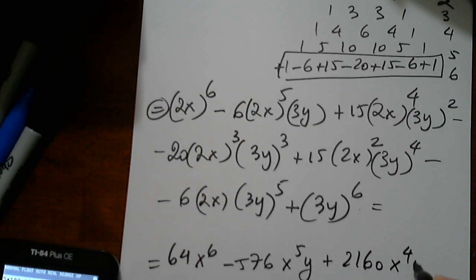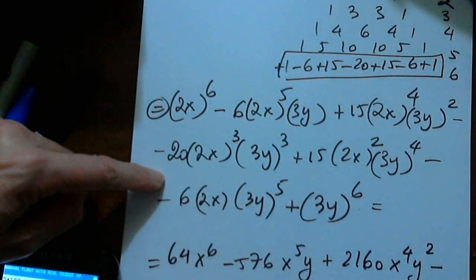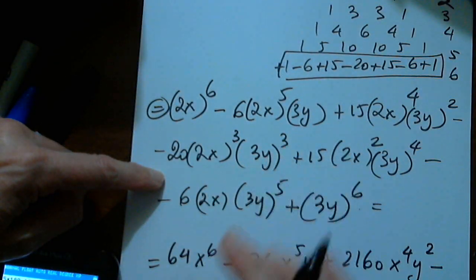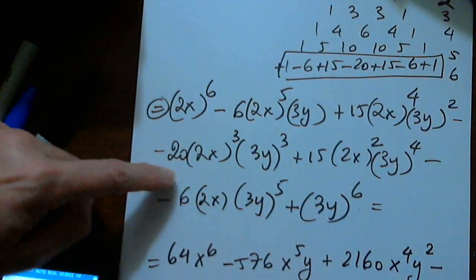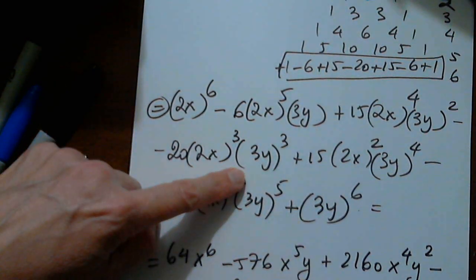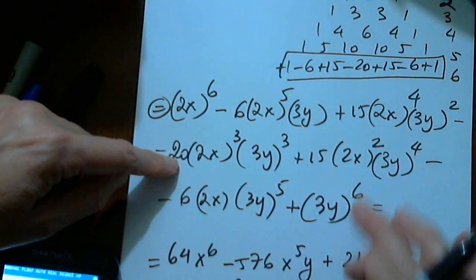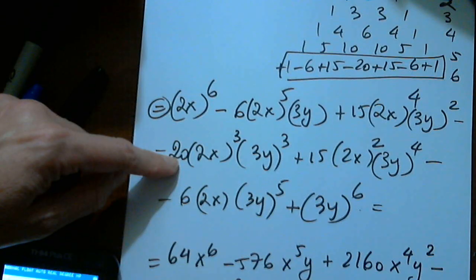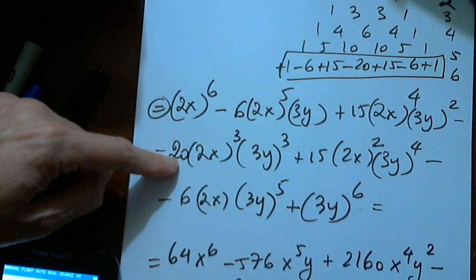2160 x to the 4th times y squared, minus I have 20 times 2 to the 3rd, which is 8, times 3 to the 3rd, which is 27. 4320 x to the 3rd, y to the 3rd, plus I have 15, 2 to the 2nd power 4, times 3 to the 4th. What is 3 to the 4th? 81.